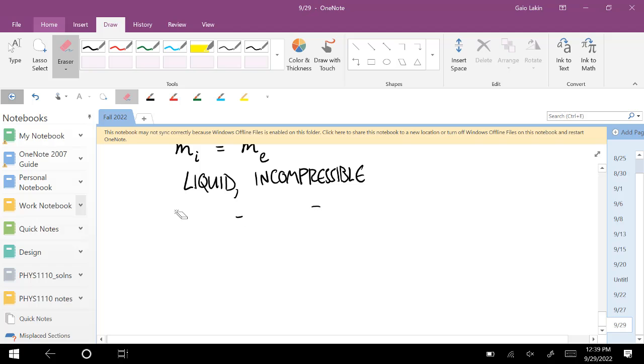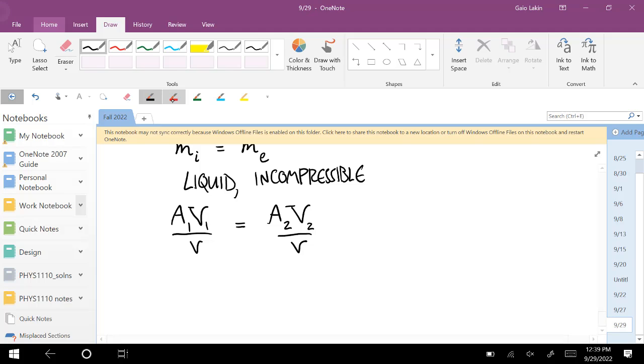We know that the area at the inlet times the speed at the inlet divided by the specific volume is equal to the area at the exit times the speed at the exit divided by the specific volume.